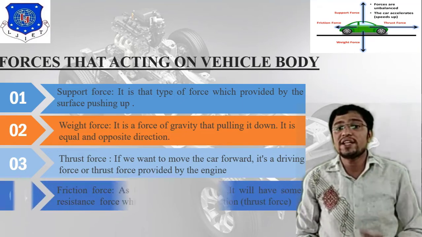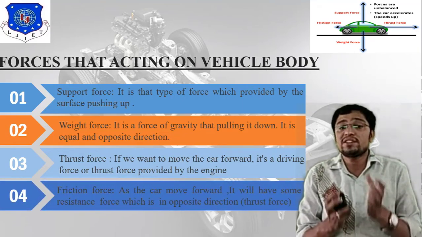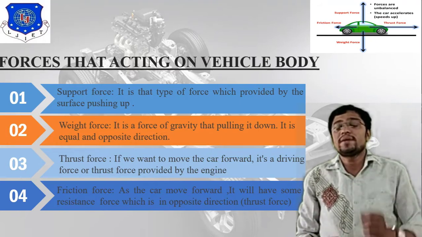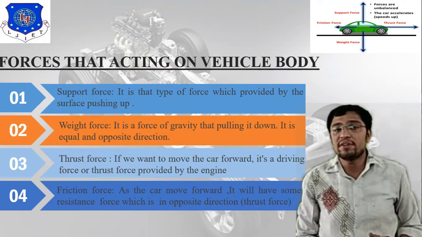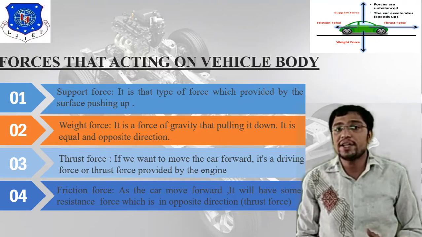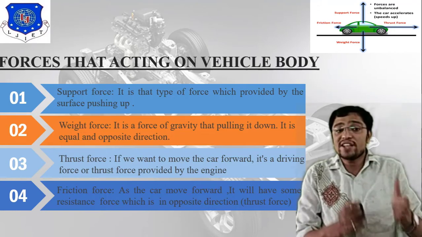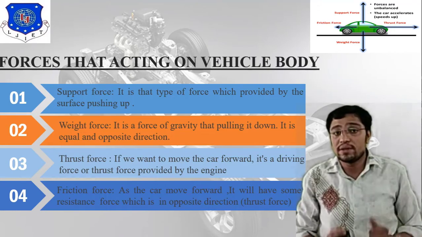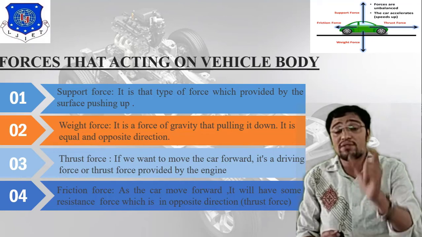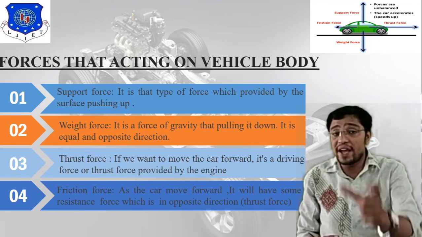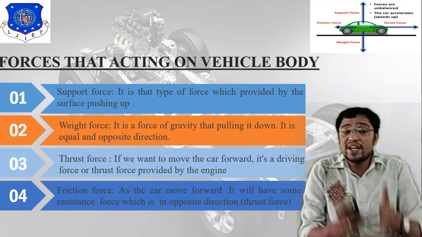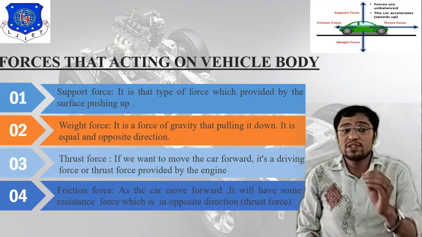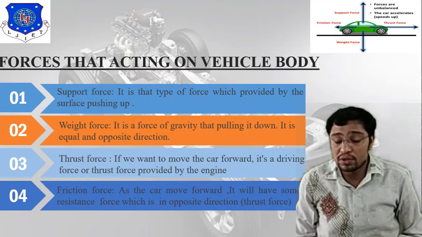And the last one is friction force. So now what is friction force? Here I have attached one main definition that directly relates to friction force. As the car moves in the forward direction, it will have some resistance, some energy force which is in the opposite direction. So this is called friction force, right?